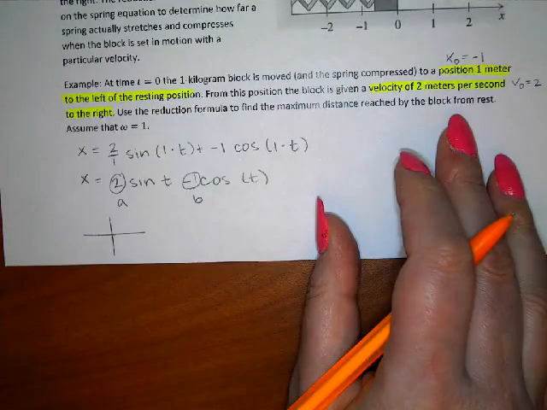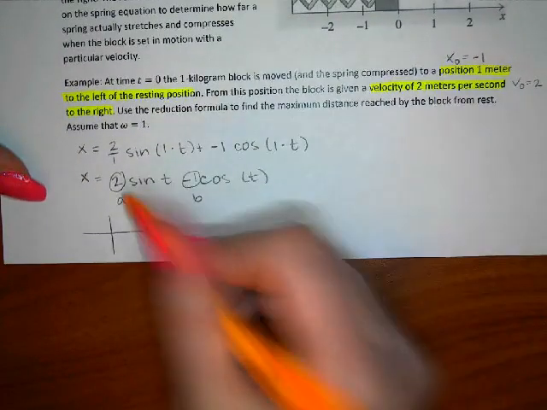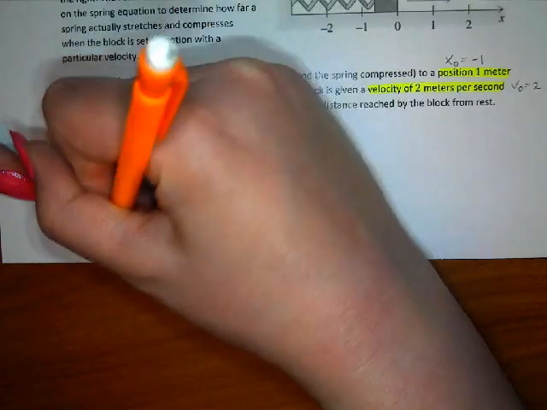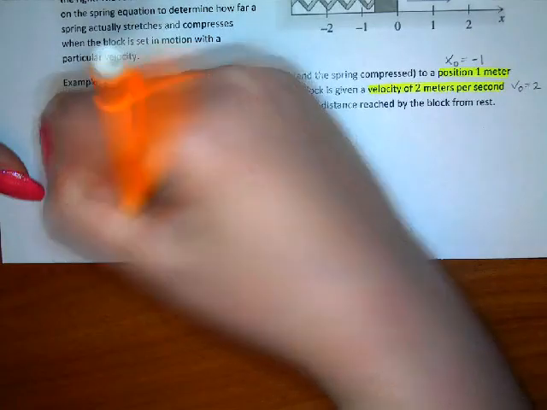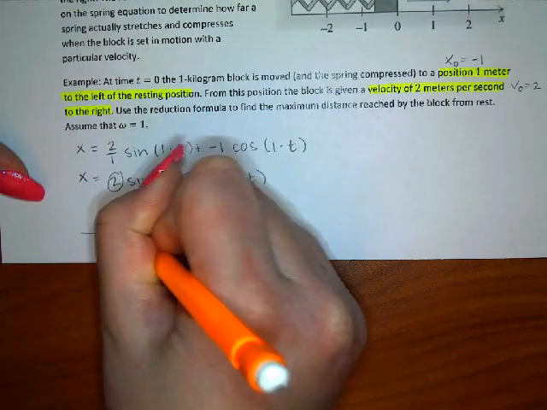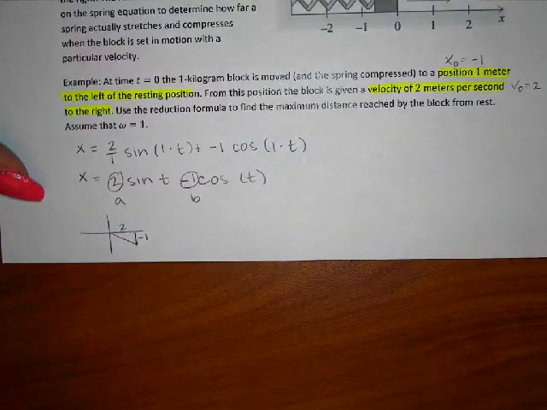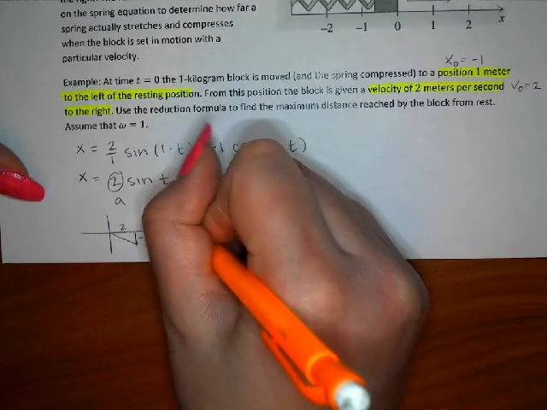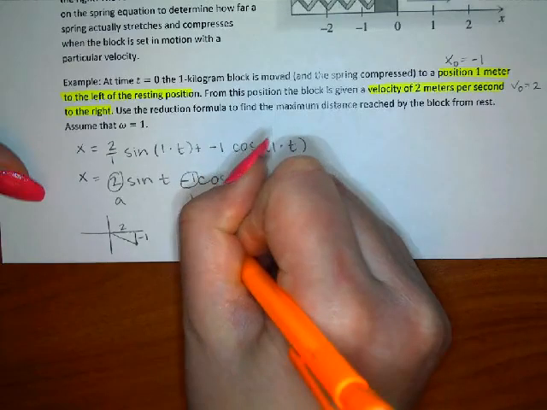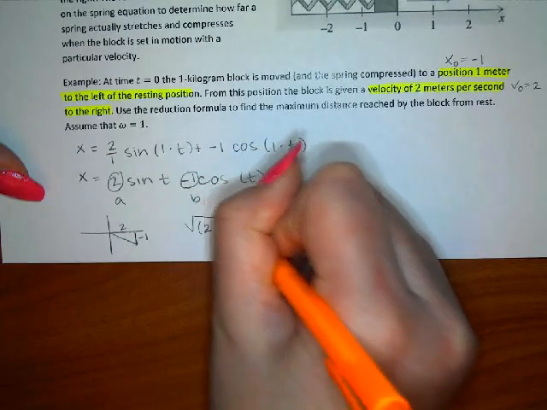So I'm in quadrant 4. To the right 2, down 1. And I'm going to do my Pythagorean theorem. 2 squared plus -1 squared. 4 plus 1 is 5, so this is the square root of 5, and so that's my hypotenuse.